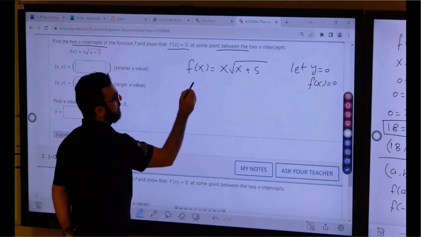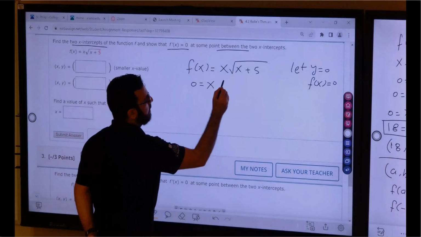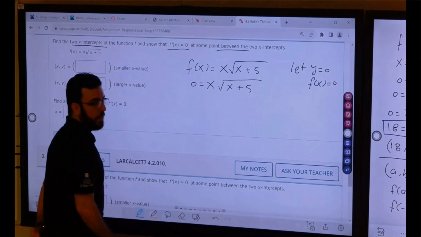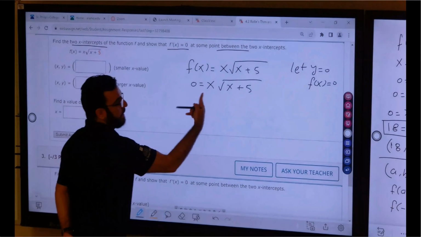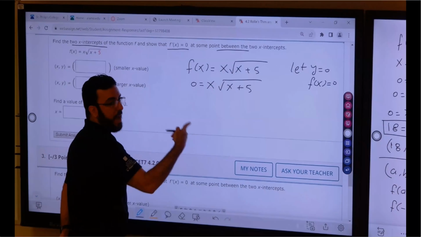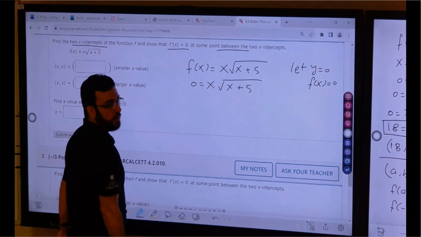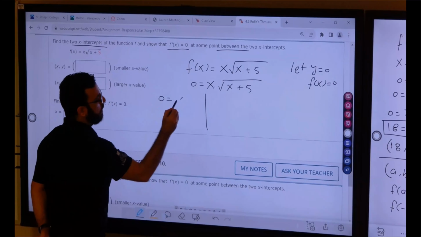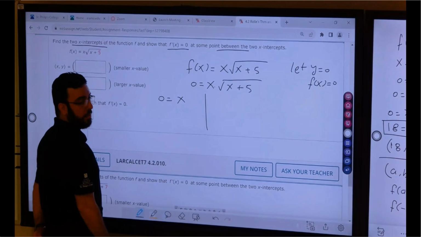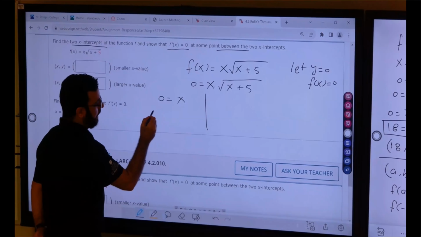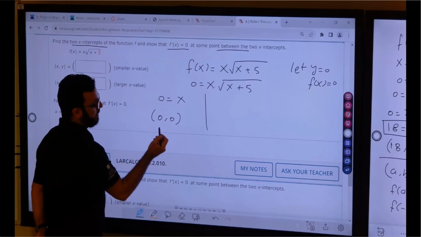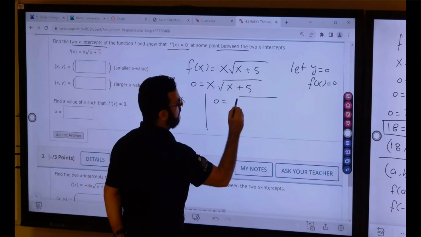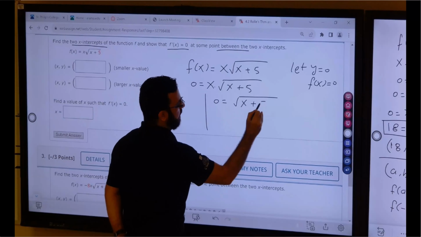That means 0 equals x square root of x plus 5. Now do not overthink it. It's already factored and written in the way I want. This is multiplication, so our first x-intercept is 0 equals x. And from this side, 0 equals square root of x plus 5.